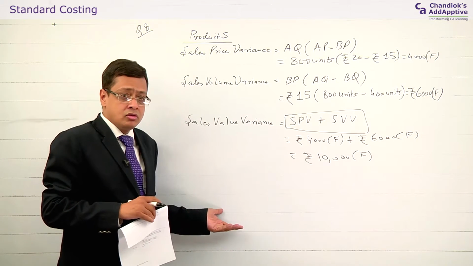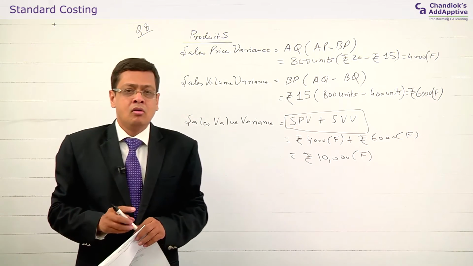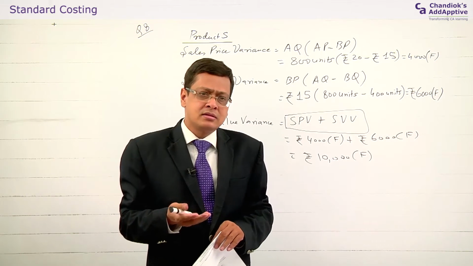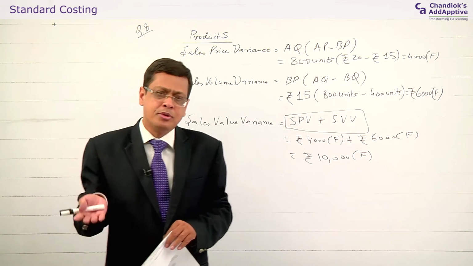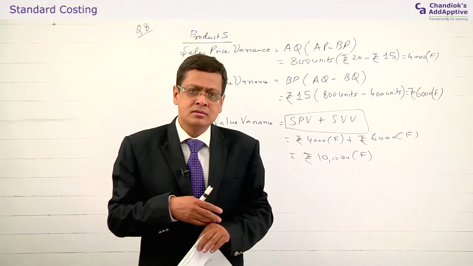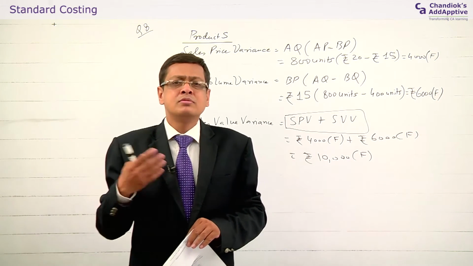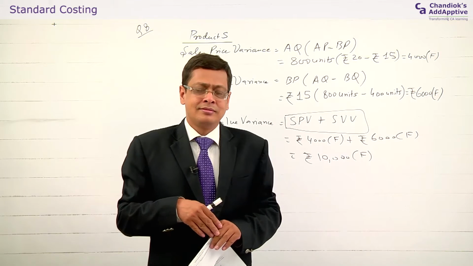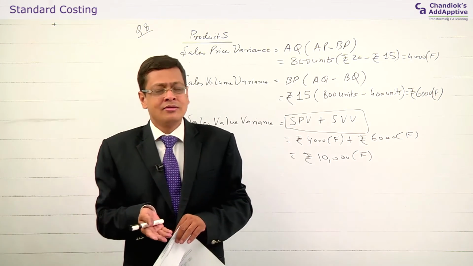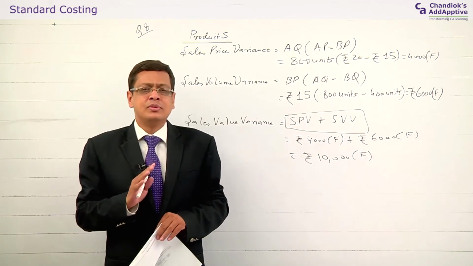So friend, you have got the result, you have got the computation. Only keep one thing in mind, that the treatment of cost variance and sales variance are just opposite. In cost, we say a variance is adverse when it is not controllable, more is being spent than decided. But in case of sales, we say it's adverse when you don't reach the sales level. Therefore, the treatment has to be different.